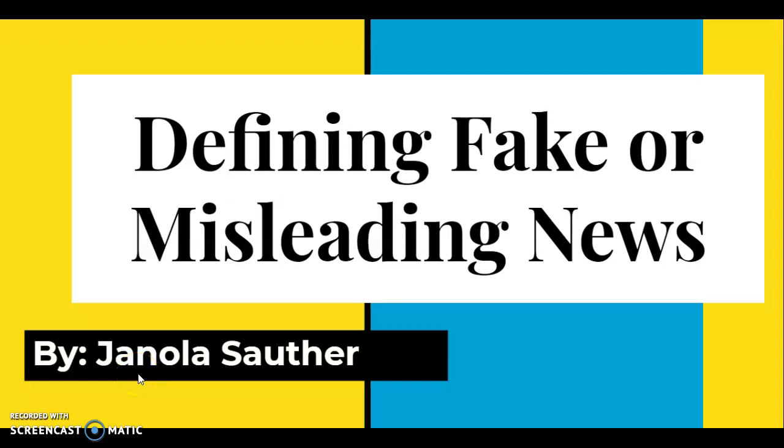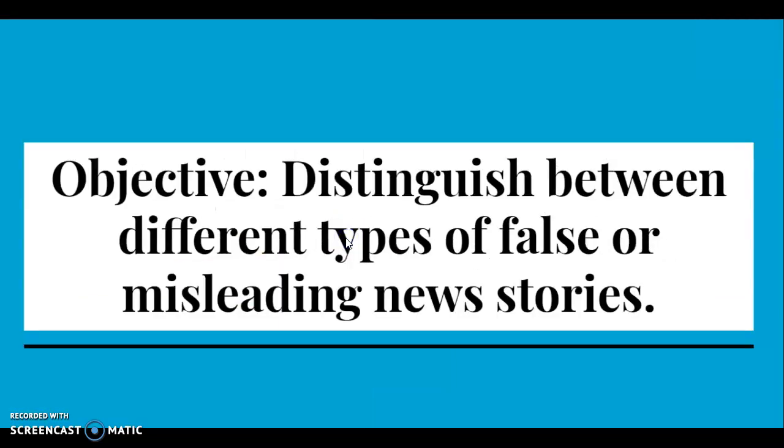So today we're going to be starting our fake news and misleading news lesson as part of our news literacy unit. For today we're going to be focusing on distinguishing between the different types of false or misleading news stories.